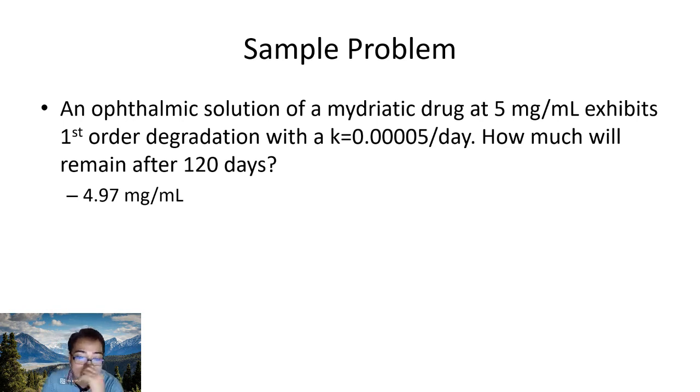So again, class, let's write our given. The concentration at time 0, being the initial concentration, is 5 milligrams per ml. The rate of elimination would be 0.12345 per day.